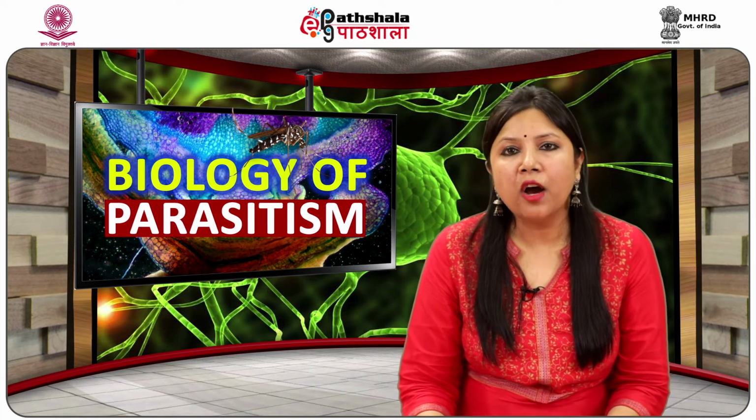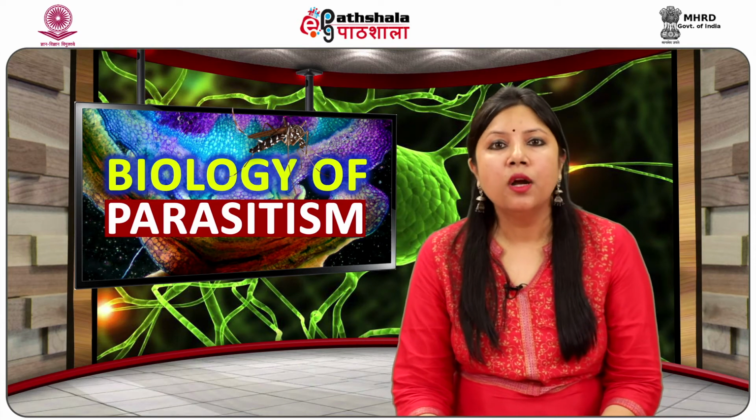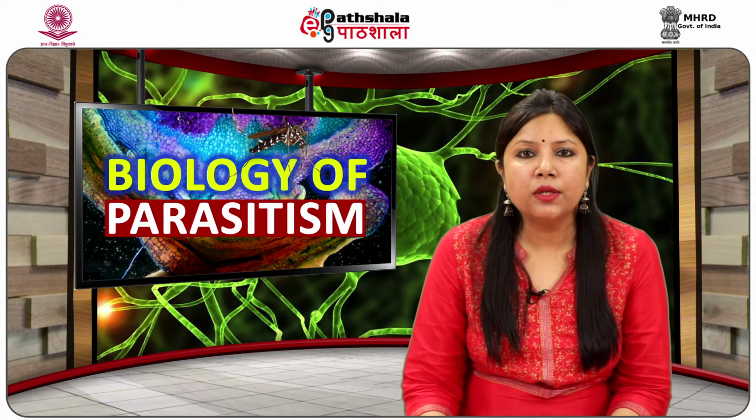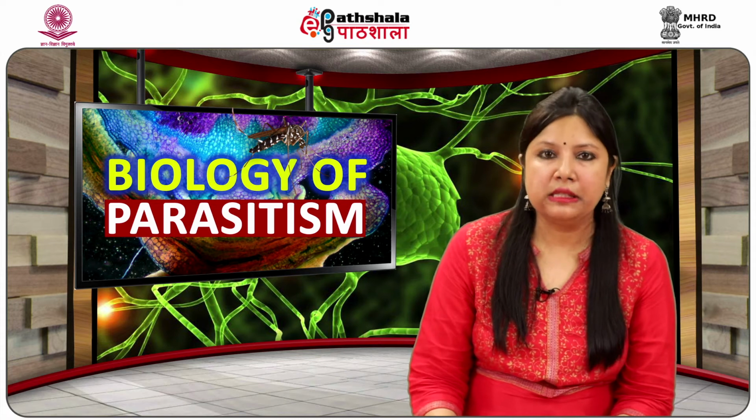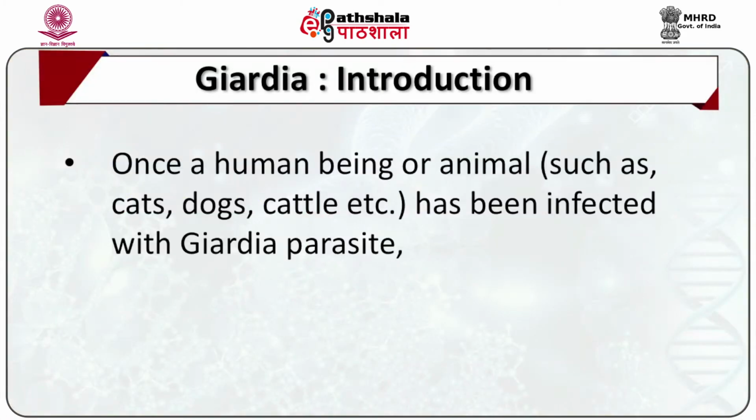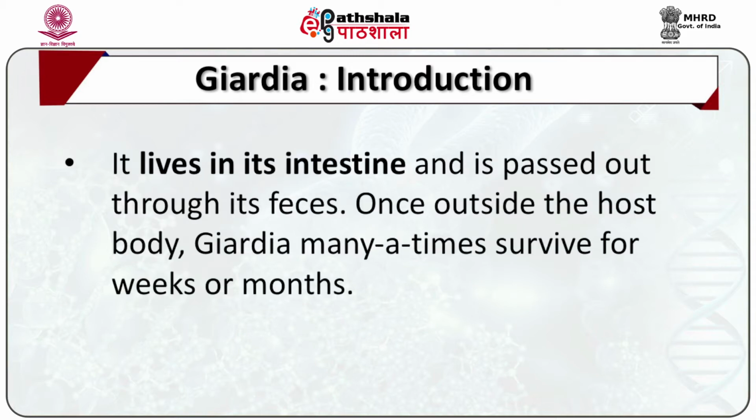It is commonly found in soil, food or water that has been contaminated with infected human or animal feces. The moment a human being or an animal gets infected with Giardia, it starts residing in the intestine and is only passed out through feces. Outside the host body, Giardia can survive for weeks or months.